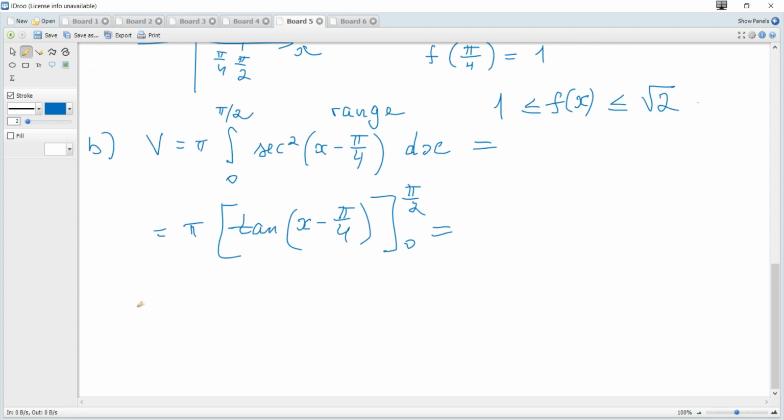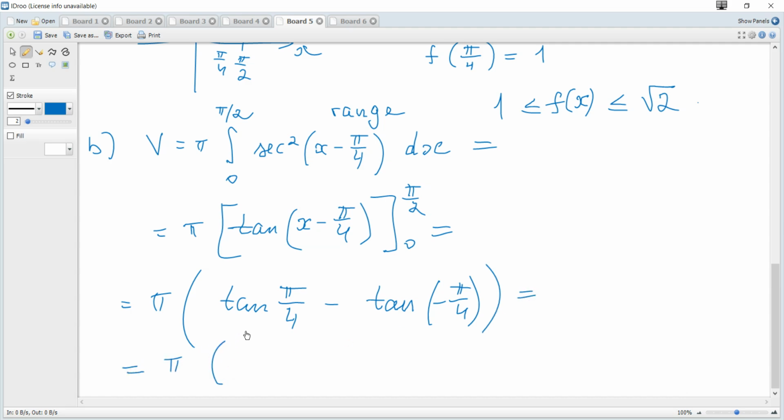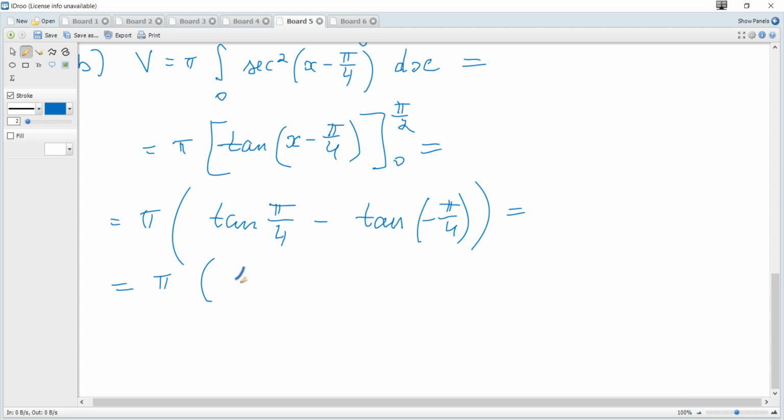So it becomes π times [tangent of (π/2 - π/4), which is π/4, minus tangent of negative π/4]. Tangent of π/4, it's 45 degrees, it's 1.